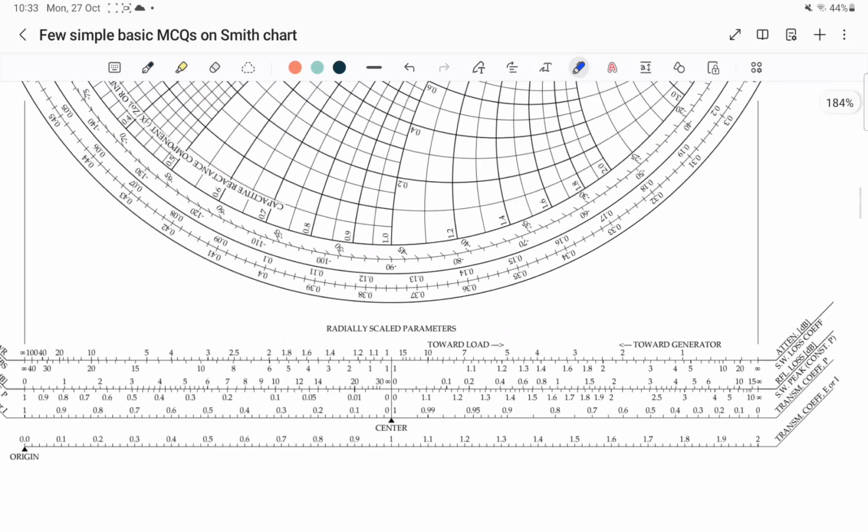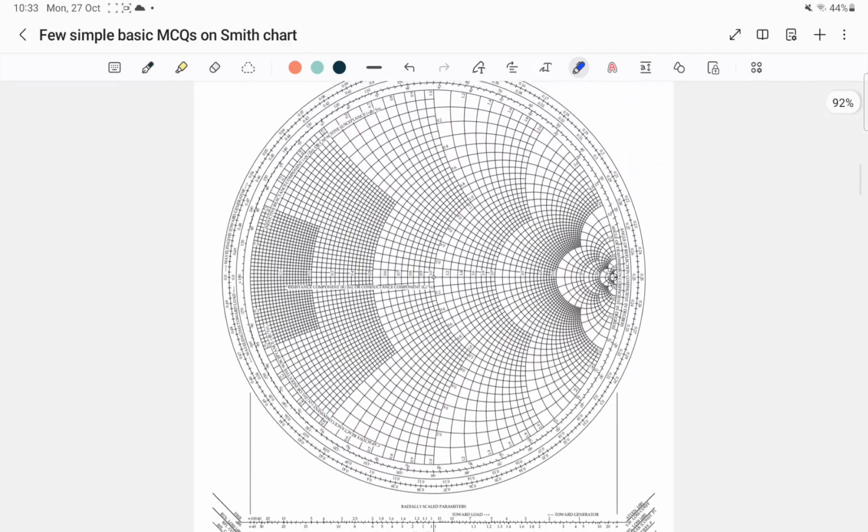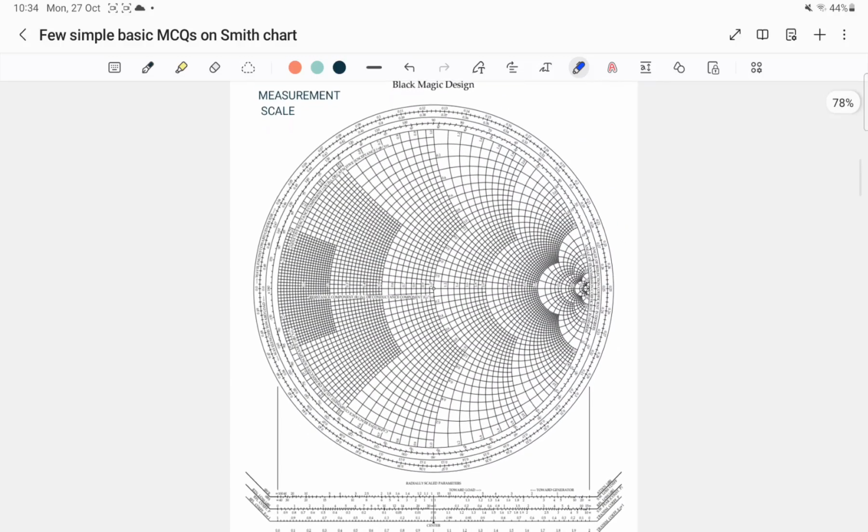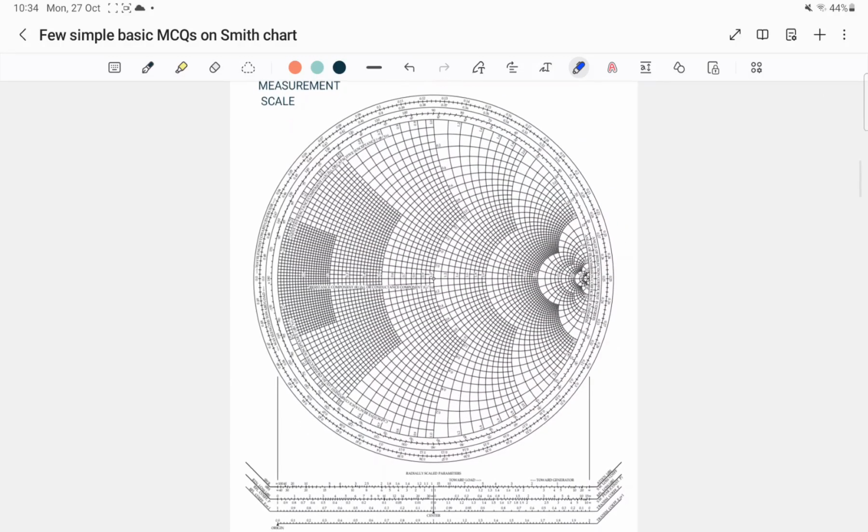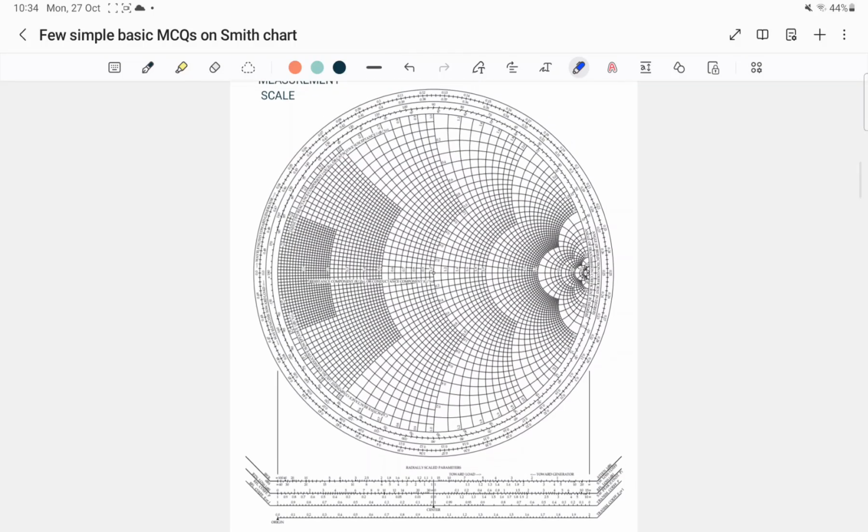So now you have understood that a Smith chart offers various types of measurement scales with the help of which we can find out different parameters of a transmission line.